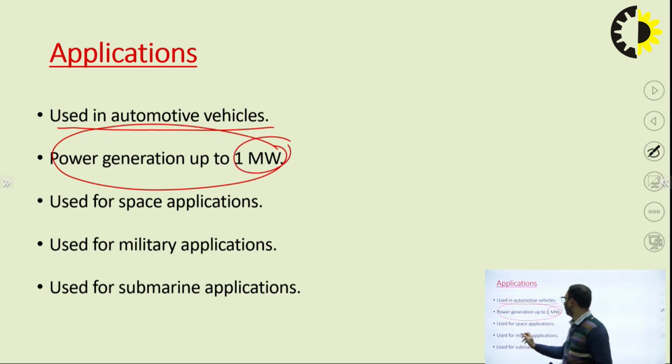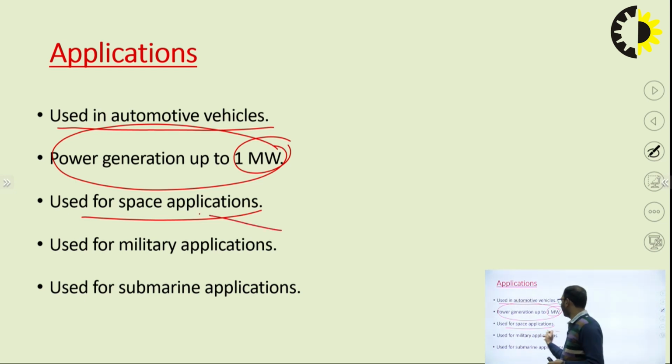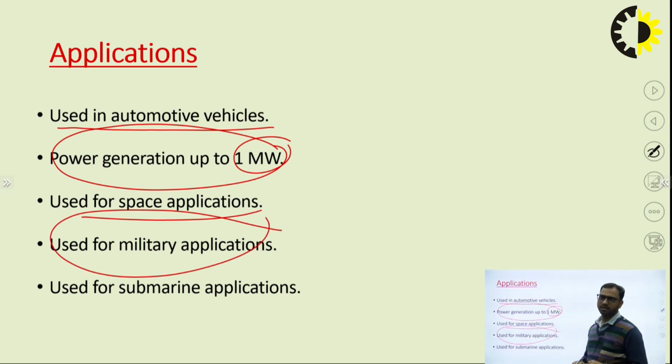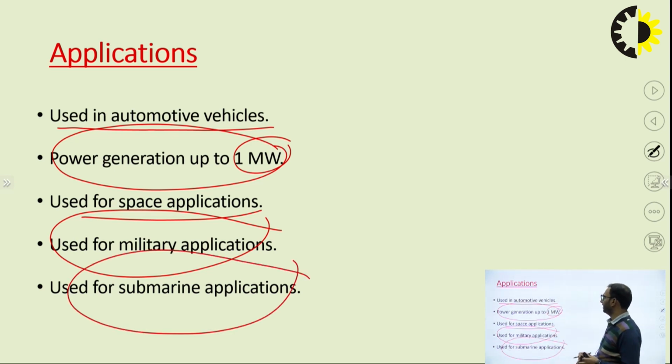Then, space applications. Fuel cells can also be used for military applications. And the last one is submarine applications. So in short, fuel cells are suitable for automotive vehicles, space, military and submarine applications, and we can produce 1 megawatt of electricity.